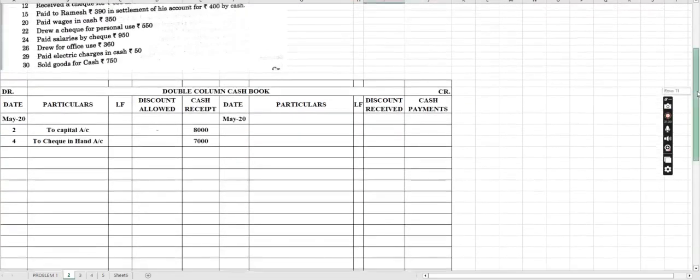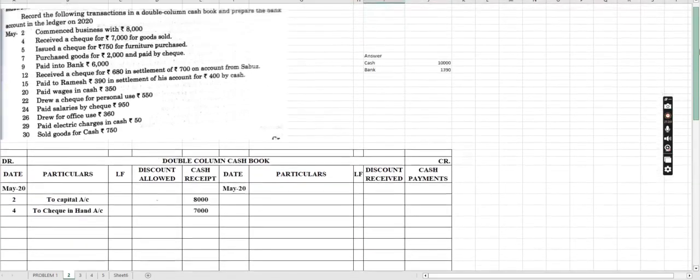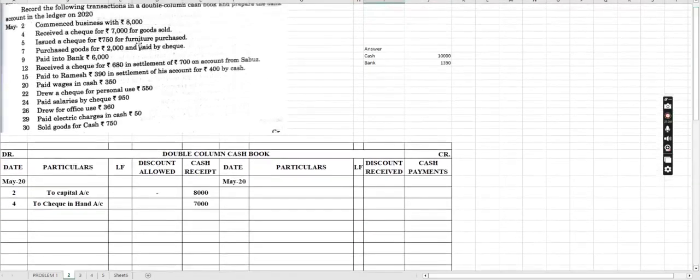Rupees 750, correct? Yeah, 750. So that 750 has been reduced from the bank because we have purchased the furniture by issuing a check. Okay. Next, 7th, purchased goods for 2,000 and paid by check.